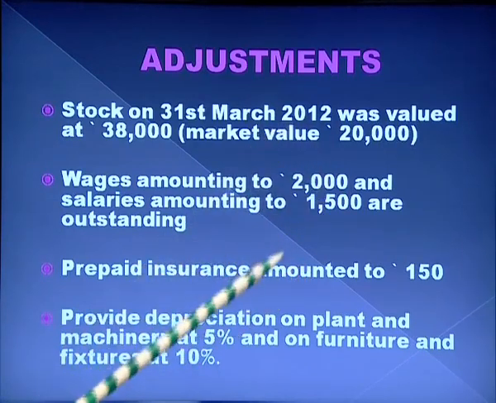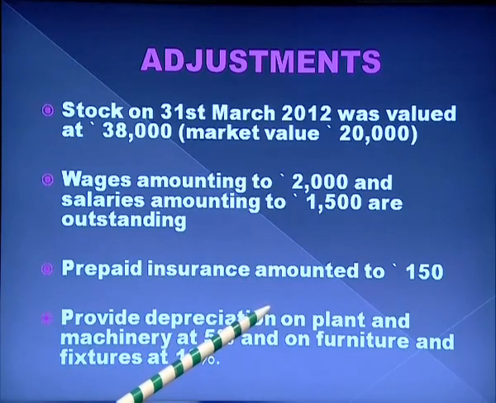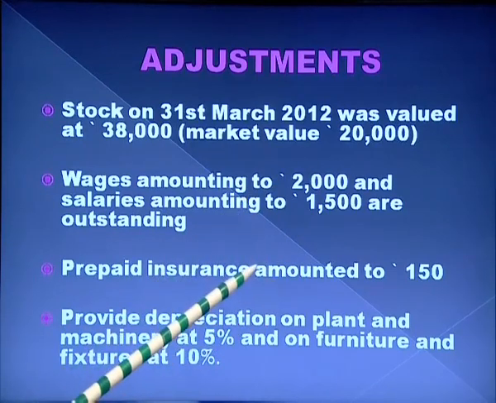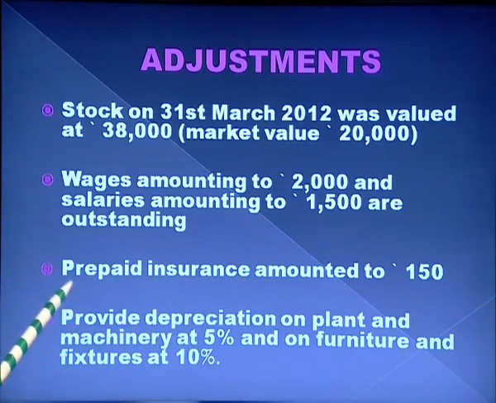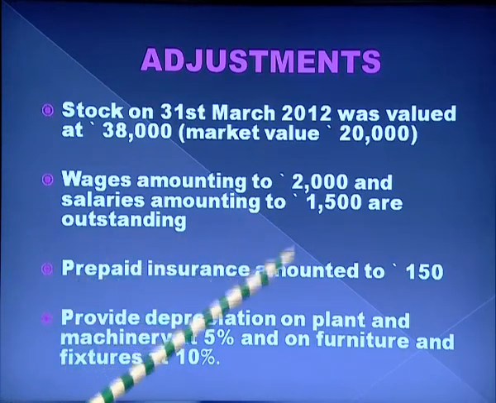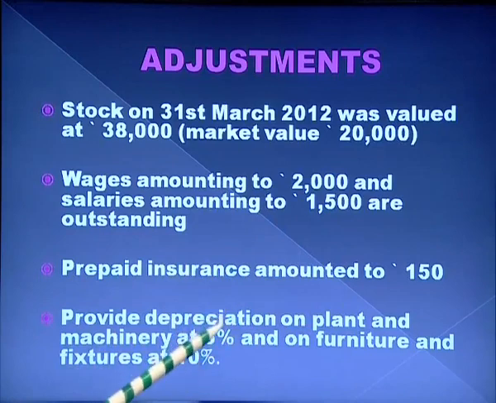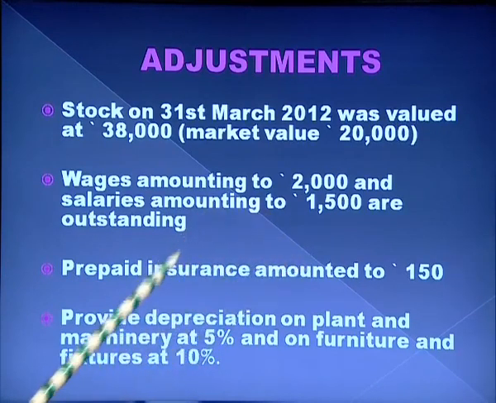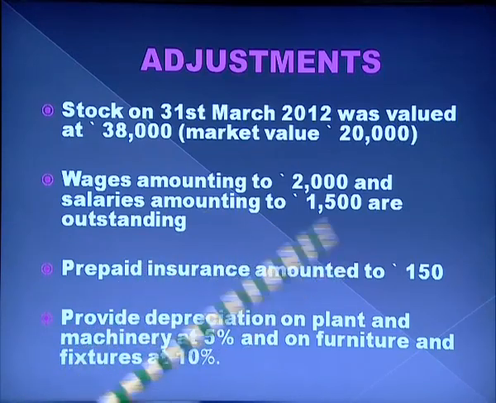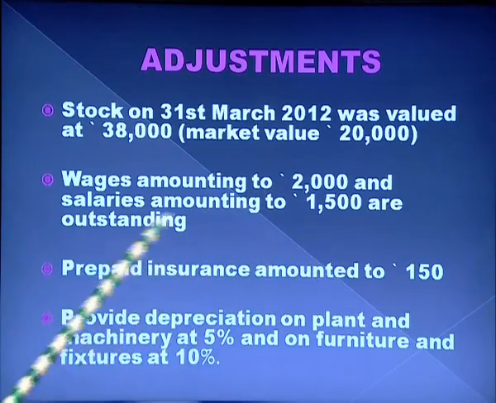So, the total amount of rupees 3,500 will be shown on the liability side of the balance sheet. Next is prepaid insurance amounting to rupees 150. If something is prepaid, that means it will be deducted from insurance. So, 150 will be deducted from insurance, and prepaid insurance of rupees 150 is our asset.